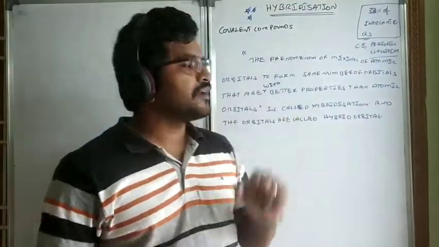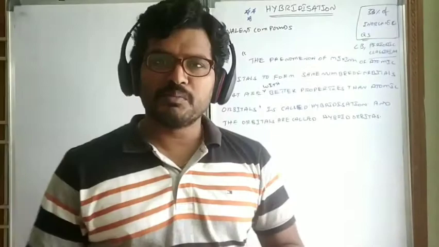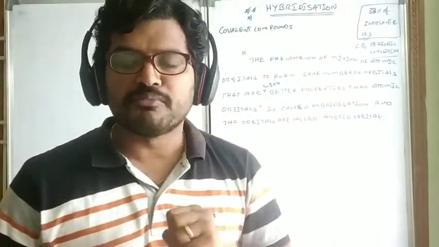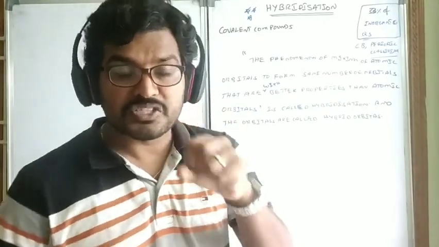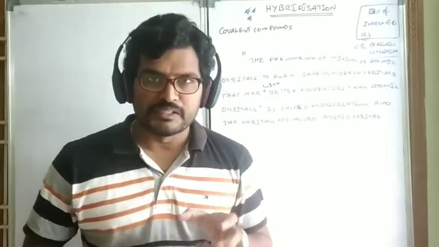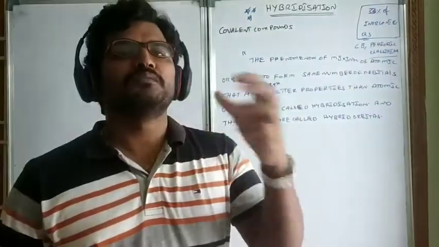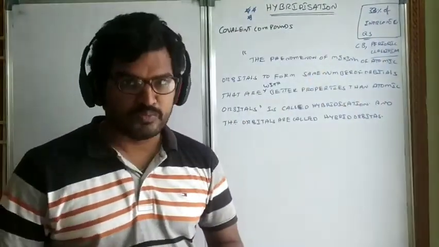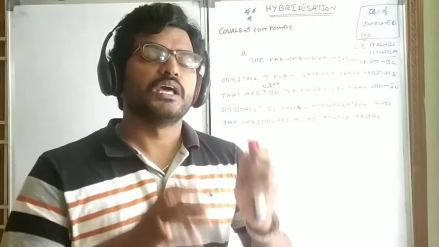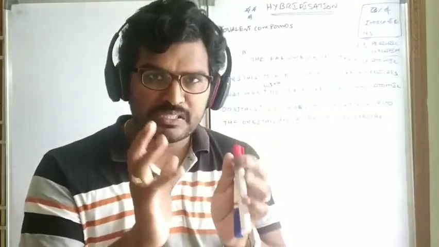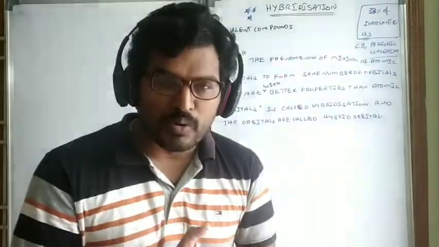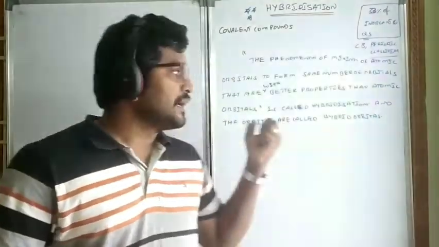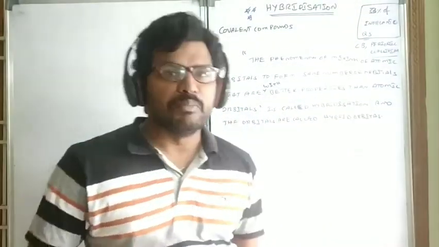If you see the atomic orbitals, by using the atomic orbitals concept we can't explain the structure of molecules, bond angles, and the strength of bonds. That's why, to overcome that deficiency, the hybridization concept is proposed. According to hybridization, whatever atomic orbitals are present in a compound will combine with one another and produce hybrid orbitals.